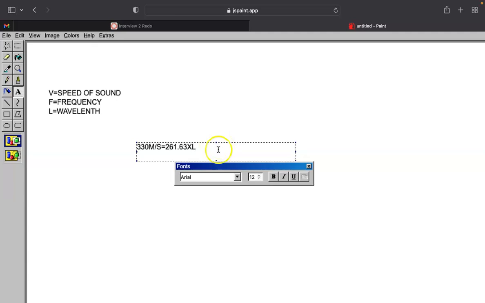So L. We're trying to find the wavelength. So now we have to divide 330 by 261.63. I did that on my calculator, and I got 1.26 meters, or rounded up 1.3 meters. So that is the wavelength of the note that you gave us.